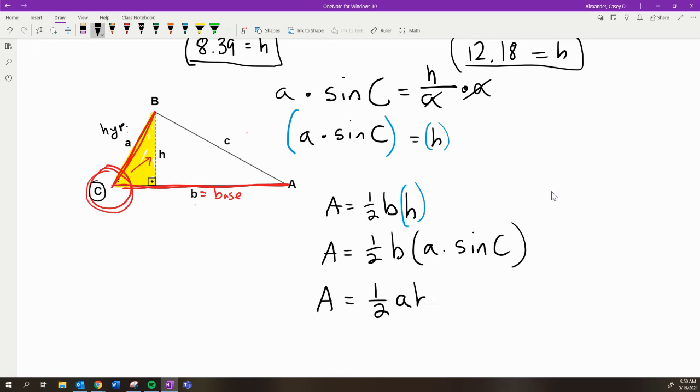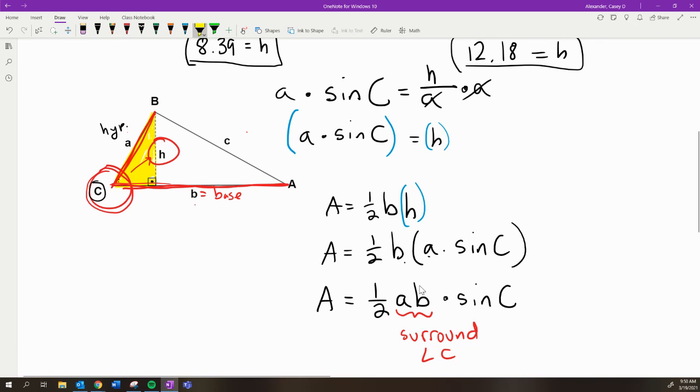So the actual formula that we always use is 1/2 AB, just reverse the A and the B, times the sine of the angle C. And I want you to really pay attention. A and B are the sides that surround angle C. Okay, so if I have a triangle and I don't know the height, but I do know two sides and an angle, as long as those sides surround that angle, I can find the area.